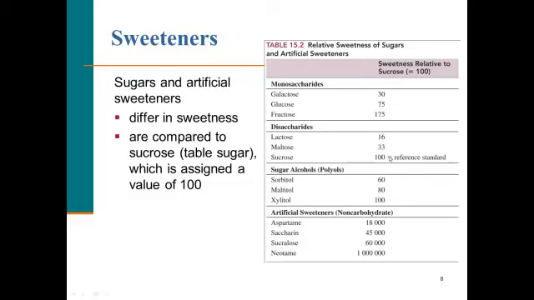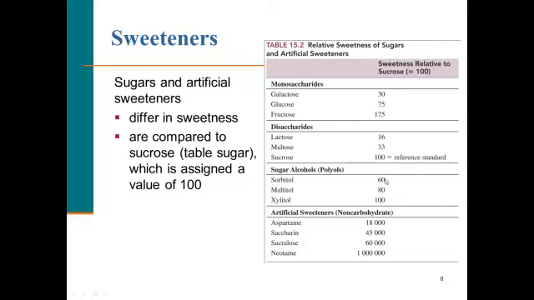So you can see that several molecules like maltose and lactose have a very small amount of sweetness compared to sucrose, where a molecule like fructose actually has a greater level of sweetness compared to sucrose. So if you were to taste a pure form of fructose, that's going to be quite a bit sweeter than the table sugar that you all are familiar with.